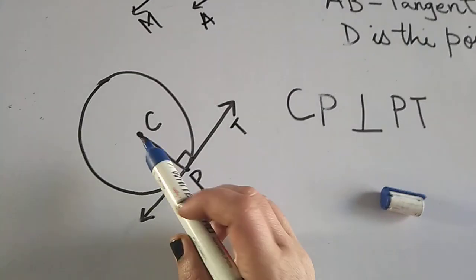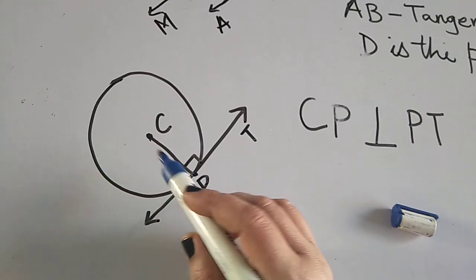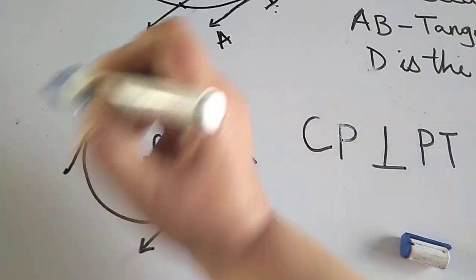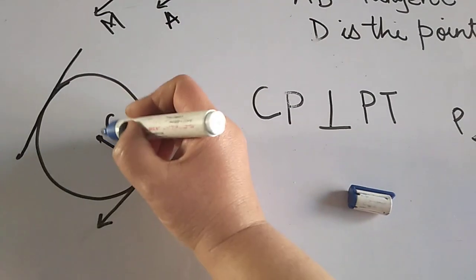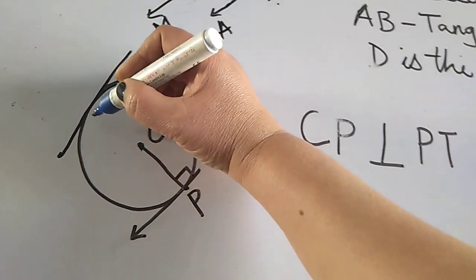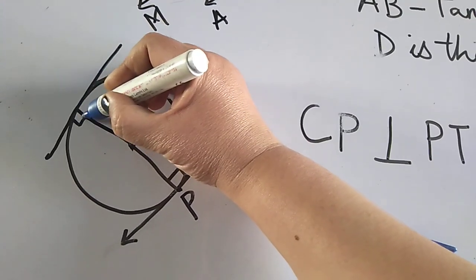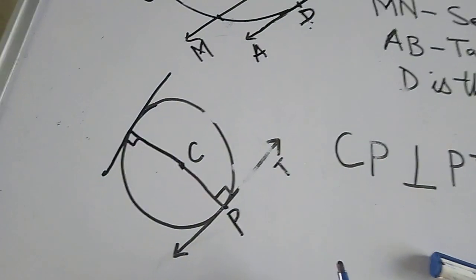Note it down. CP is a line, any line. If I take any other tangent, suppose this is another tangent, and this is the center of the circle, and if I draw this line here, it will be perpendicular. That is the rule.